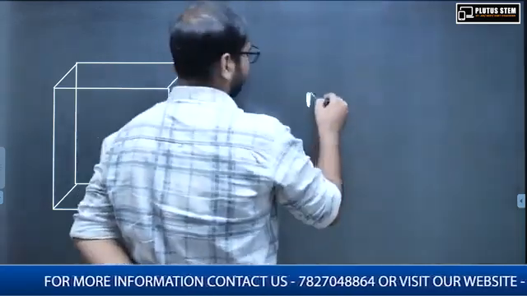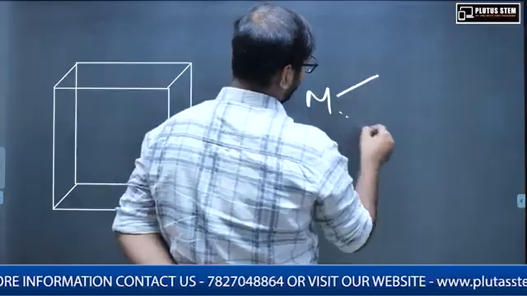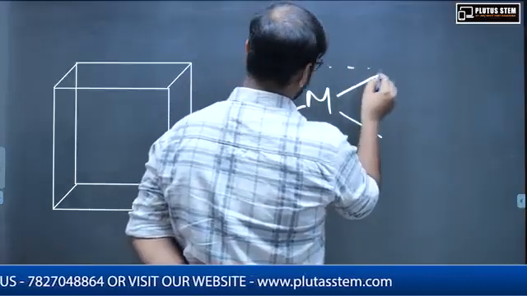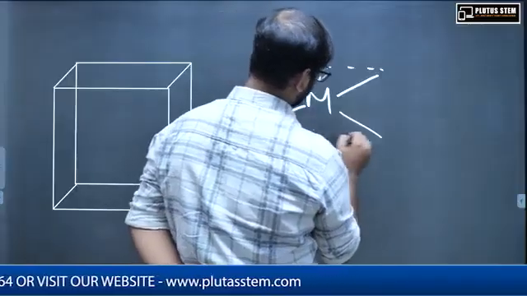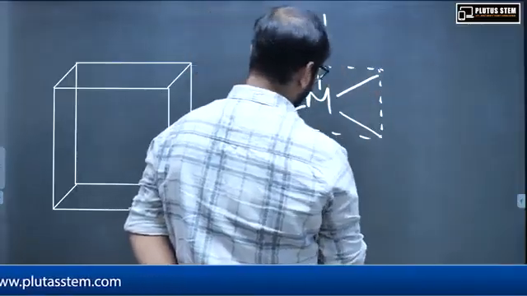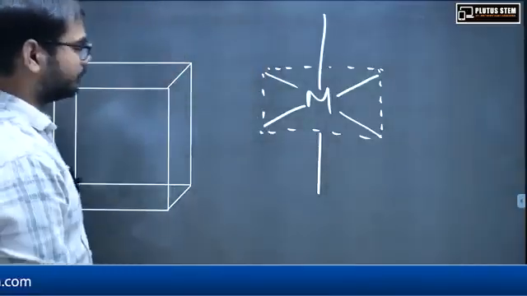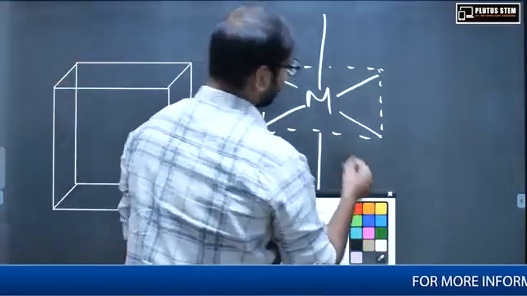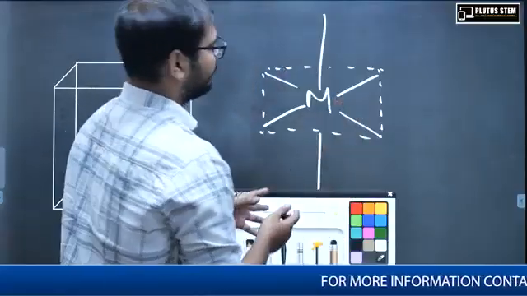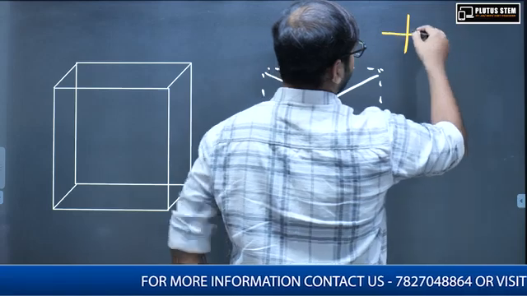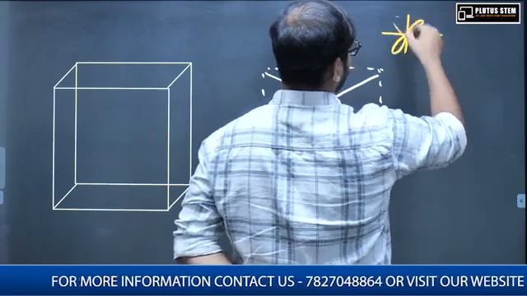An octahedral complex looks like this, where four of the ligands are placed in the plane, while two of the ligands are lying above and below the plane. Now, in the same geometry, if I require four of the ligands in the plane, I have four different types of d orbitals.